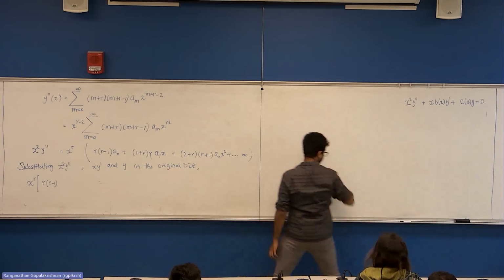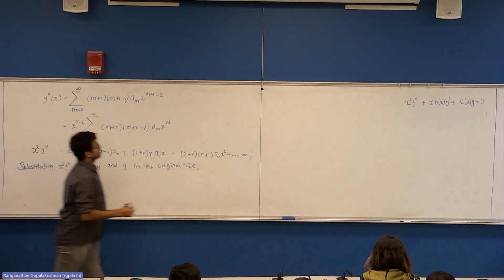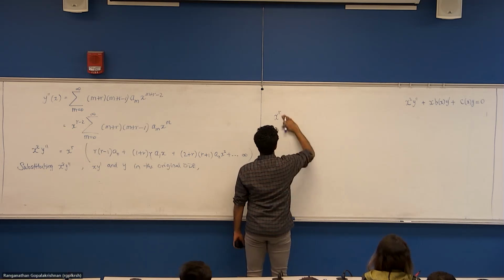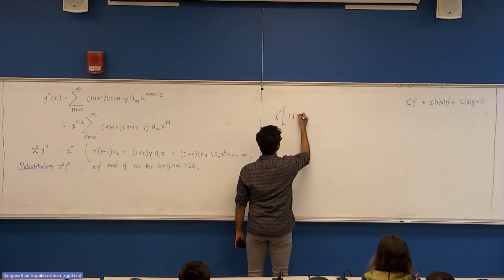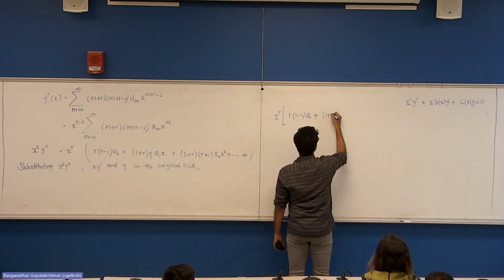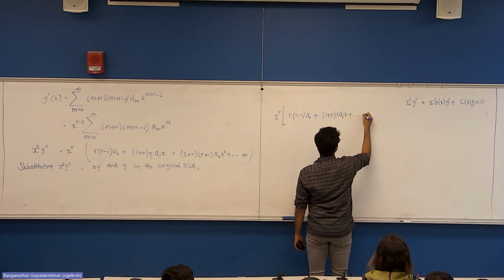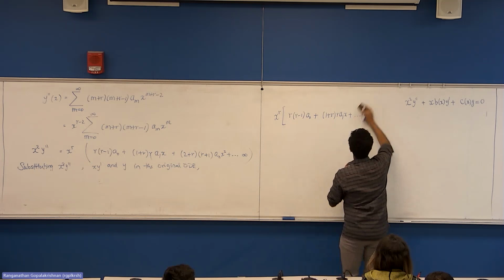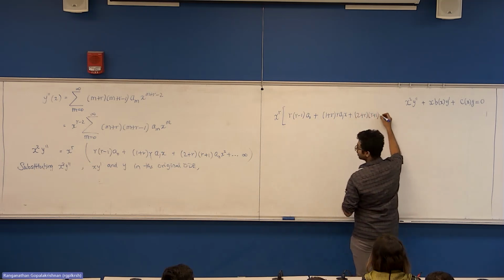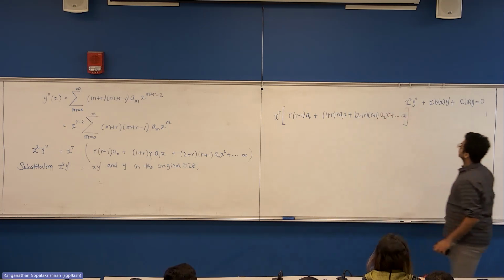So first term is going to be x to the r times [r times (r minus 1) a naught plus (1 plus r) times r a1 x plus and so on up to infinity. Maybe I write one more term. (2 plus r) times (r plus 1) a2 x squared up to infinity]. So this is the first term.